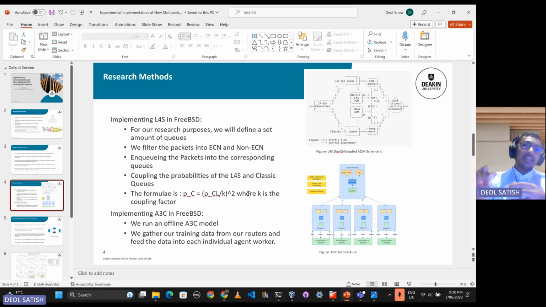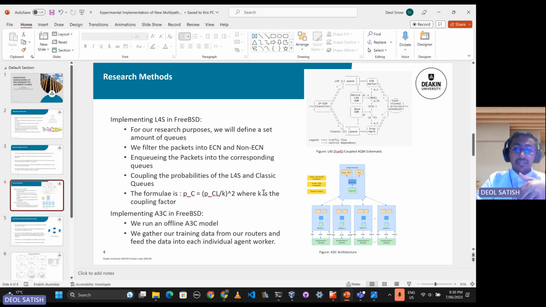It's saying L4S has to be given more priority, but also not too much higher priority. So we are controlling the priority given to each queue using this relationship. K is called the coupling factor, and depending on how we want to do, we can change the coupling factor.